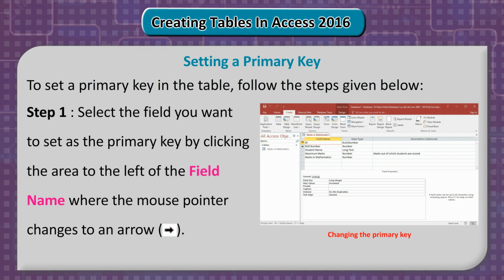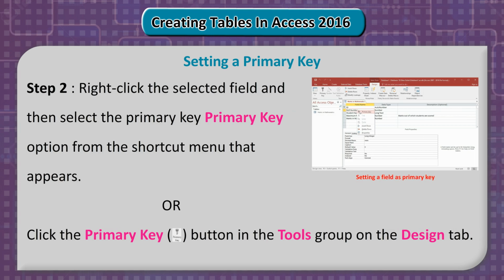Select the field you want to set as the primary key by clicking the area to the left of the field name where the mouse pointer changes to an arrow. Step 2. Right-click the selected field and then select the primary key option from the shortcut menu that appears. Or, click the Primary Key button in the Tools group on the Design tab.